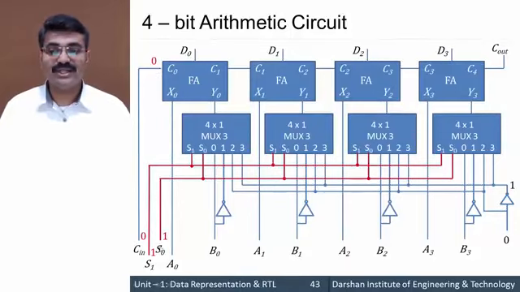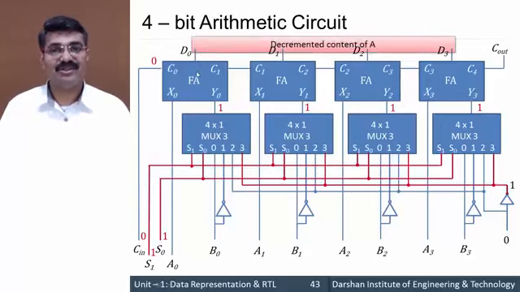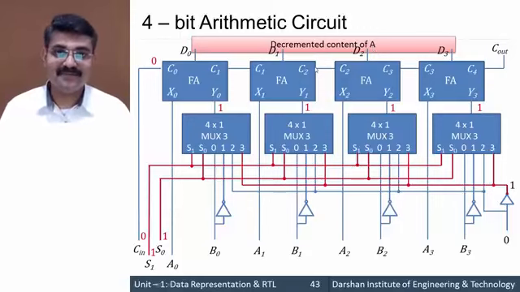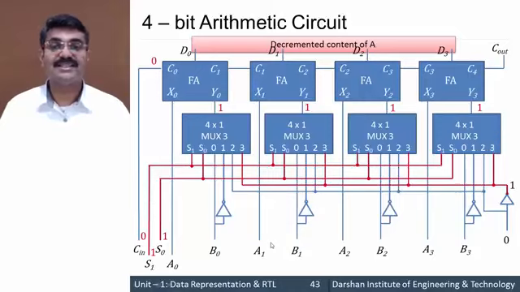Now as S1 and S0 are 1, 1, our line 3 would be selected, and we would be getting the output Y to be 1 over here. And with all 4 bits 1 and C in 0, the output of the full adder would be a decrement operation. So the content of A would be decremented by 1. So this is how various operations take place in this particular 4-bit arithmetic circuit.